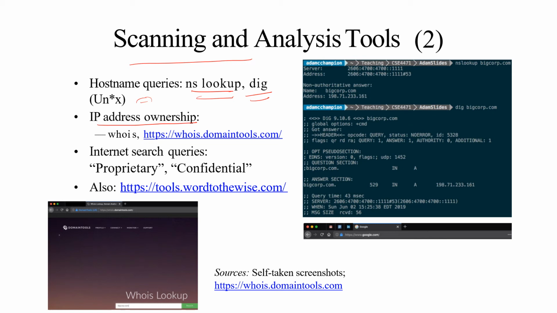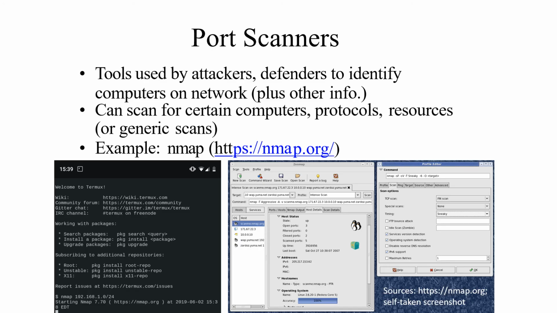If you use whois.domaintools.com, it will give you this idea. Internet search queries can also find proprietary, confidential information. Also tools like Words to the Wise. And this is the whois.domaintools.com snapshot. These are some scanning and analysis tools available nowadays.